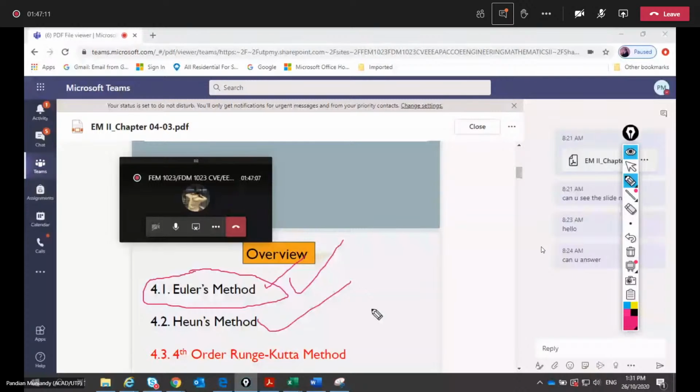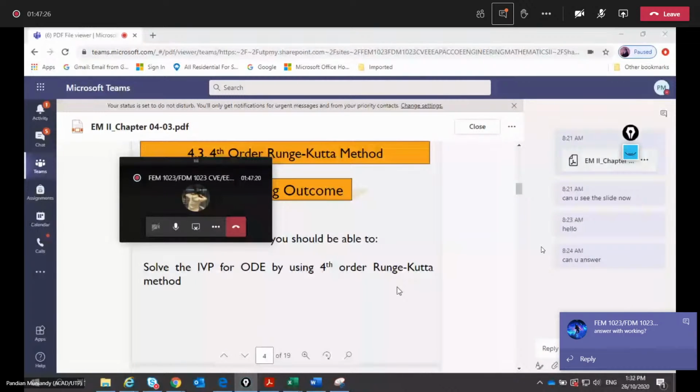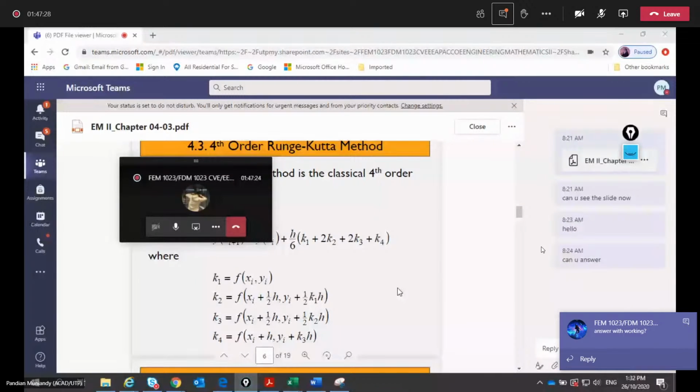And then today we already finished this one, which is Runge-Kutta. Runge-Kutta actually solves the first order differential equation, but this formula you must be very familiar with. Of course, it's very hard to memorize this formula. You have to practice in class.